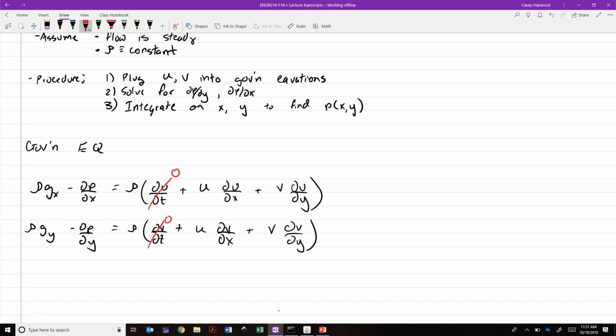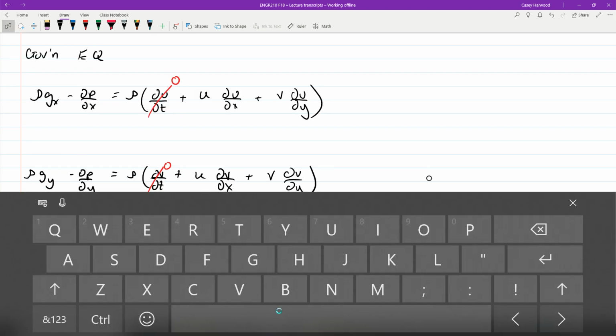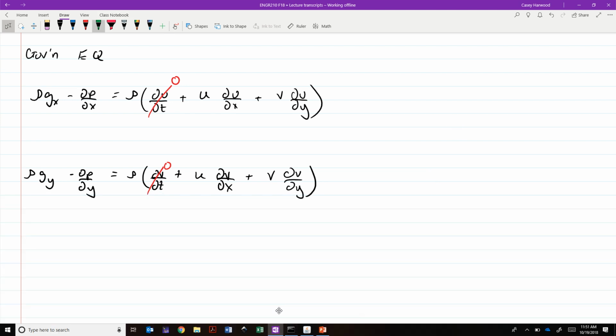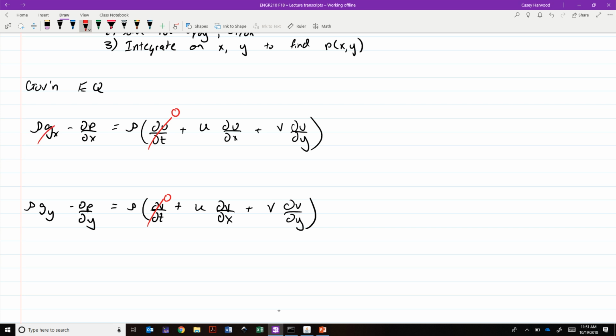I'm going to spread these out a little bit so I can substitute values in. We've said that gravity acts in the y direction only, so gravity has no component in the x direction. And also looking up here, we know that the du dy term and the dv dx term are both 0, so we can go ahead and cancel those out.